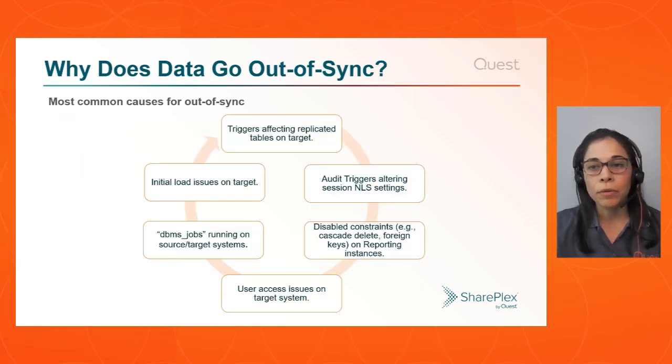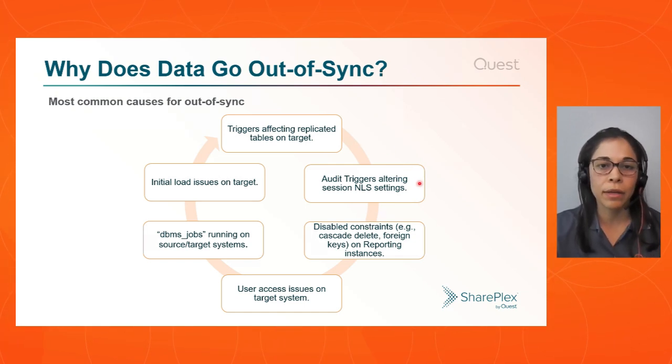An autosync issue can stem from various causes. For example, a reporting instance with triggers on the target system, or audit triggers that change NLS settings, can lead to these mismatches.